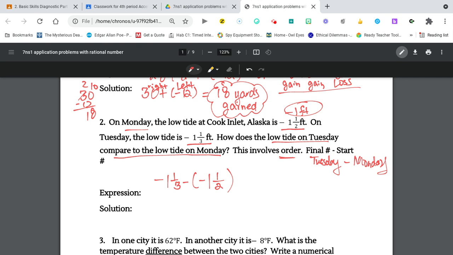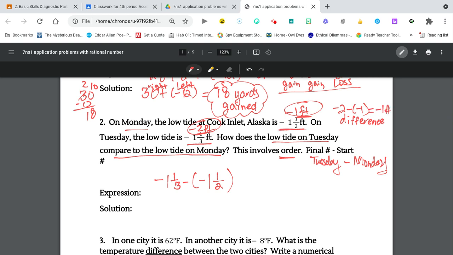Sometimes it's easier if we understand just whole numbers or integers. And if I said this was negative 2 feet, and I asked, how does the low tide on Tuesday compare to the low tide on Monday? Well, I can see easily it's a drop of 1 foot if I use just regular numbers like that. So all you have to do is basically subtract negative 2 minus negative 1. You're actually finding the difference, guys. So you can see that it is a drop of negative 1 feet.